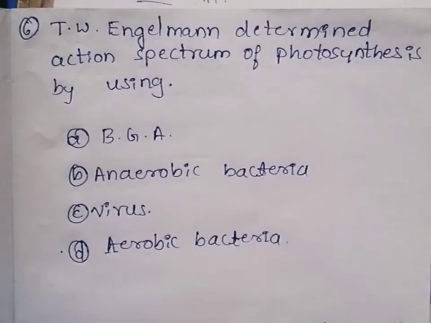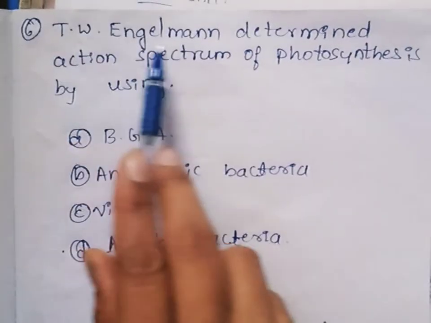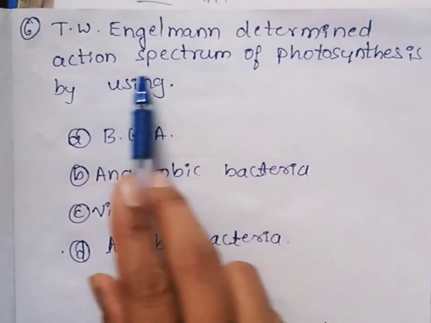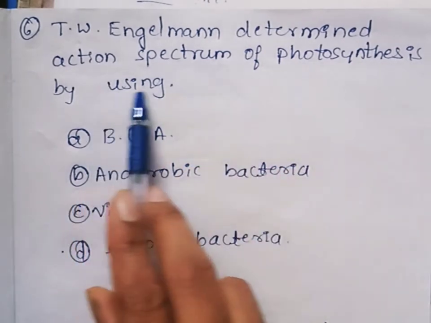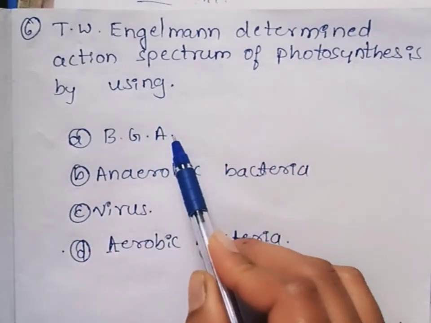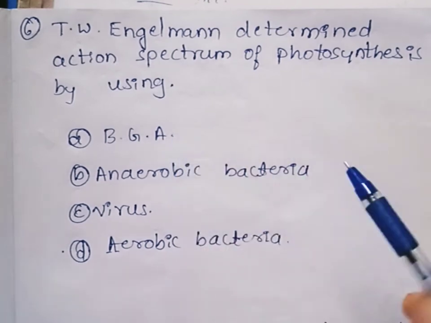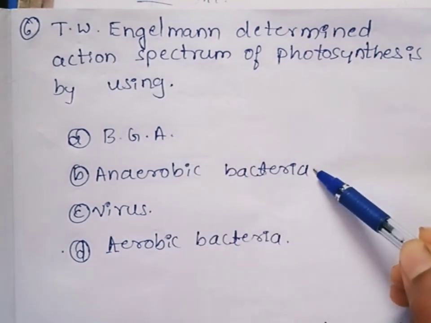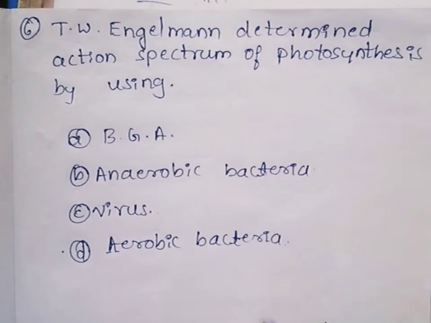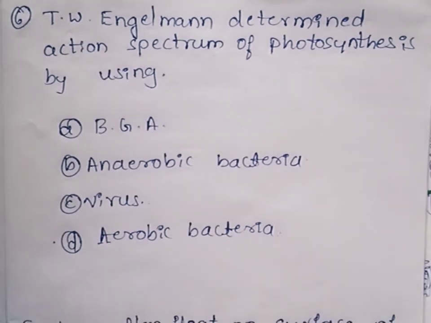Next question is, T.W. Engelmann determined the action spectrum of photosynthesis by using, the first option is BGA, that is blue-green algae, anaerobic bacteria, viruses and aerobic bacteria. Already I have explained Engelmann, given the summary about the action spectrum of photosynthesis by using the aerobic type of bacteria.